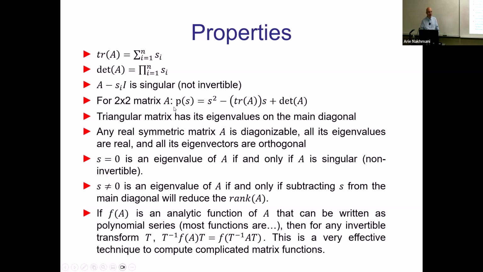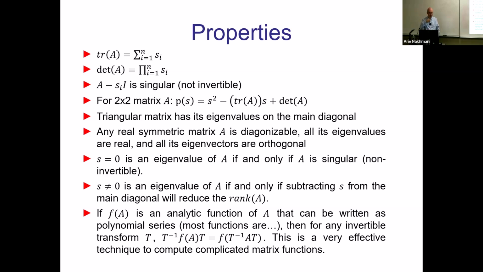So the characteristic polynomial of a 2 by 2 matrix is very simple to compute. You don't need to go like that of SI minus A, computing all this matrix minus matrix and the determinant of that matrix and simplifying algebra and writing it like that. So the characteristic polynomial of second order for a given matrix A is S squared, which is a second order polynomial, minus the trace of matrix A. To remind you, trace is the sum of the elements on the diagonal.